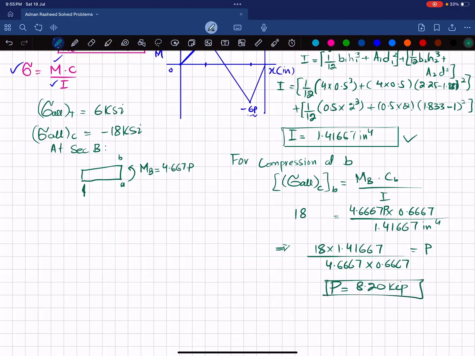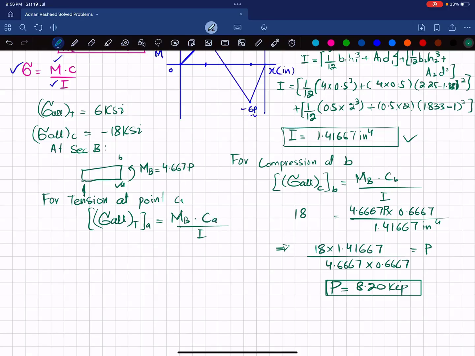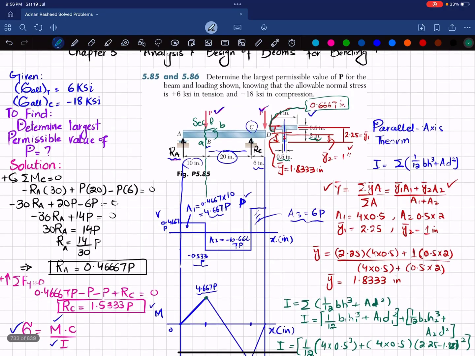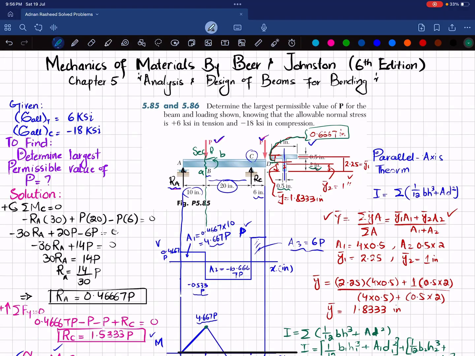Now for the lower portion in the tension, for tension at point A, this is your point A, we have been given allowable tension at point A will be equal to moment at point B into CA divided by I. So moment is same, 4.6667 times P multiplied by CA, which is distance from neutral axis till the bottom layer, and that is 1.833.